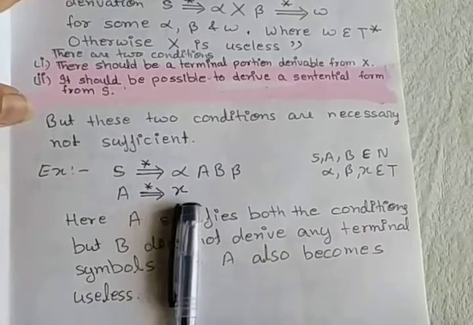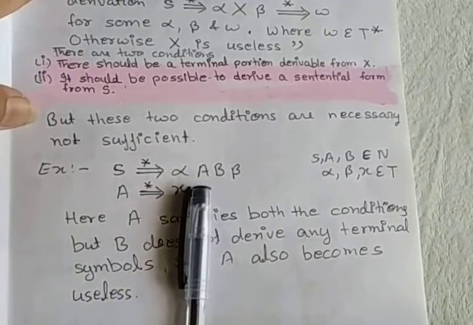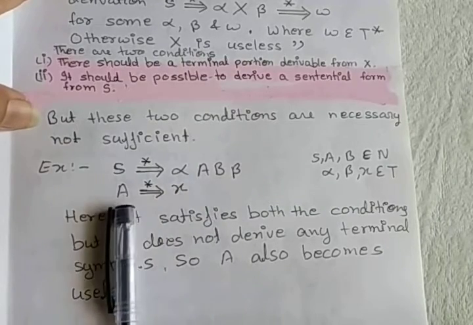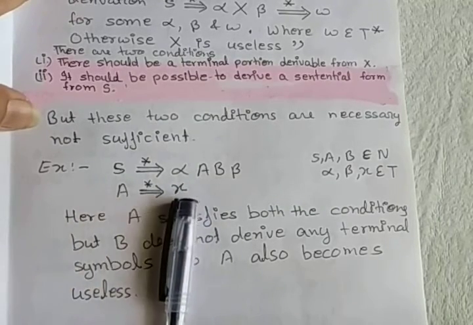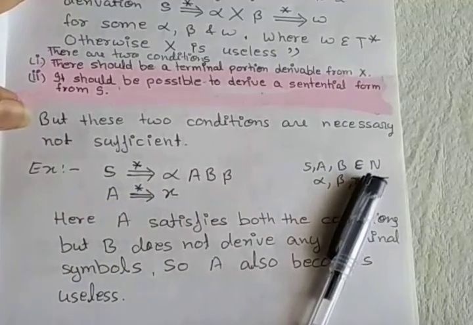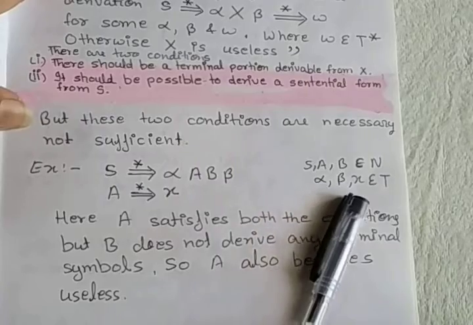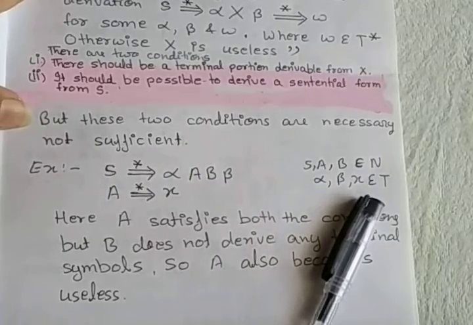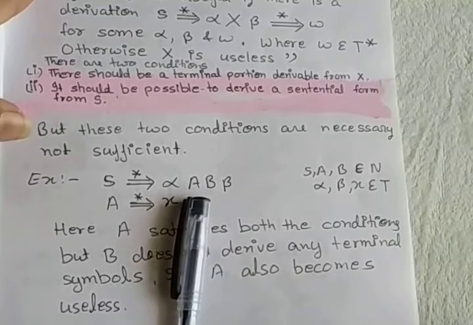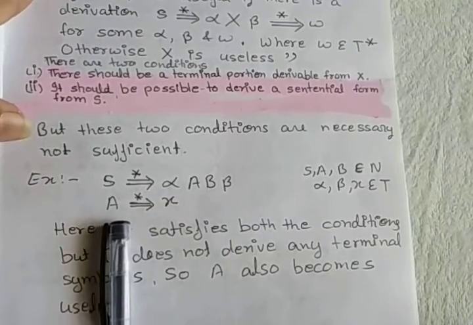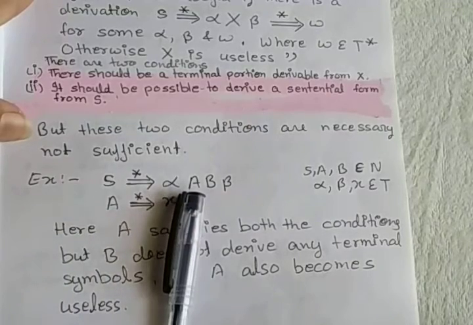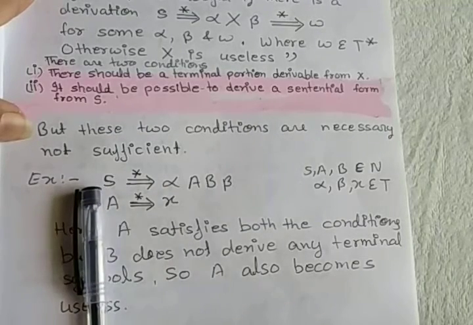Now, look at this symbol A. Here, S, A and B are non-terminals and α, β and x are terminals. Symbol A satisfies both the conditions: we are able to derive a terminal string from A, and A is derivable from S.